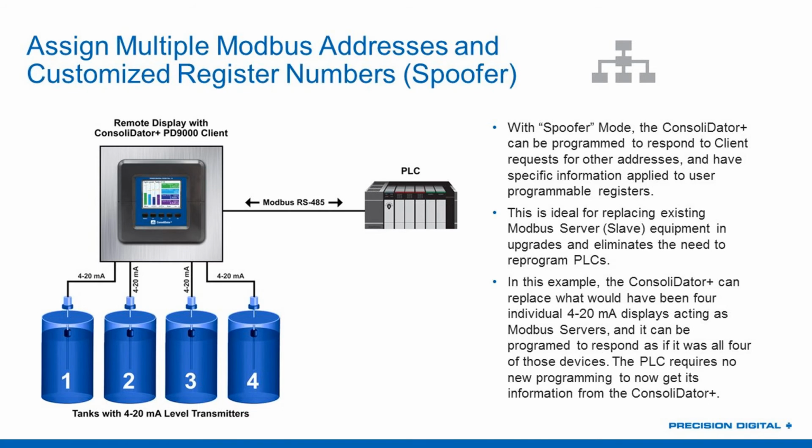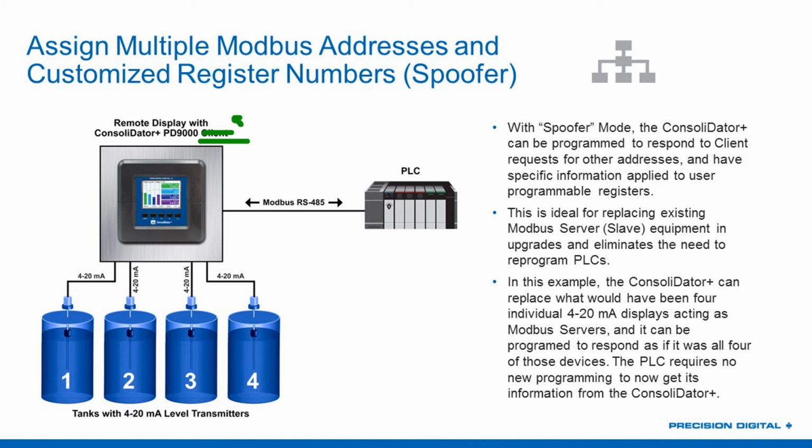Well, let's take a look at it in a use case here. So here we have a Consolidator Plus that's acting as a client. And it is set, or I should say it has the client feature. It's actually, in this case, not really being a client.